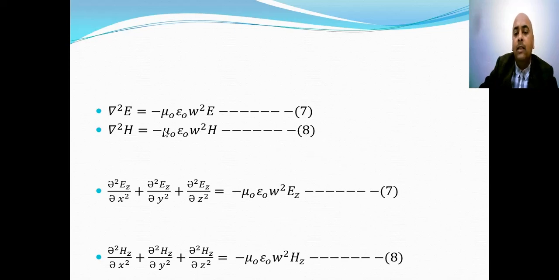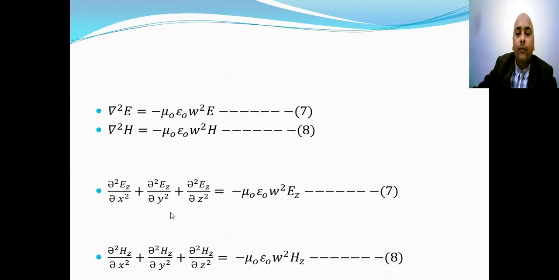And similarly equation 8 can be expanded as del square Hz upon del x square plus del square Hz upon del y square plus del square Hz upon del z square, which is minus mu naught epsilon naught omega square into Hz.